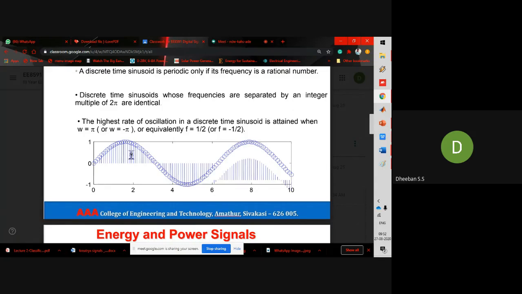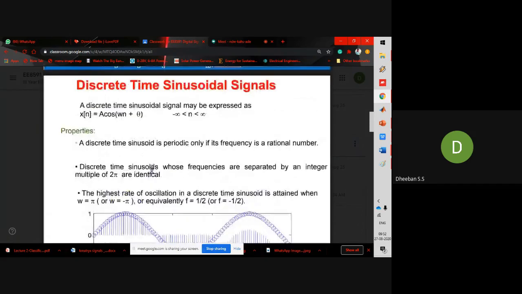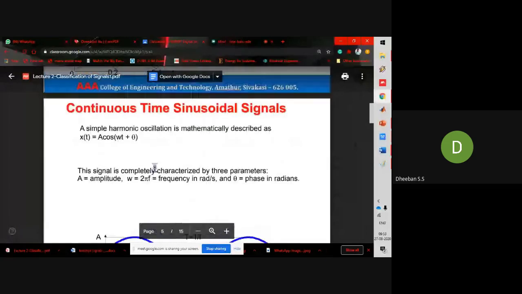You can take an apple and cut it into pieces, and by combining those separate sliced pieces together, you will again get an apple. Those sliced pieces are nothing but samples. But in your continuous time signal, it's not like that; you are just making that apple into two equal halves.